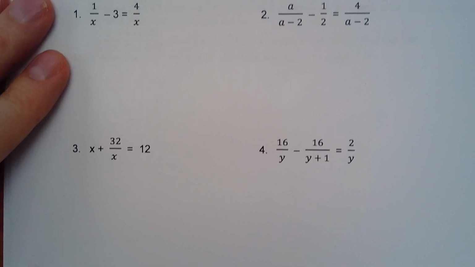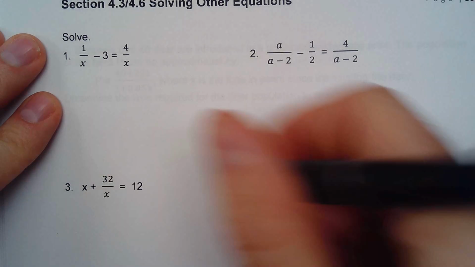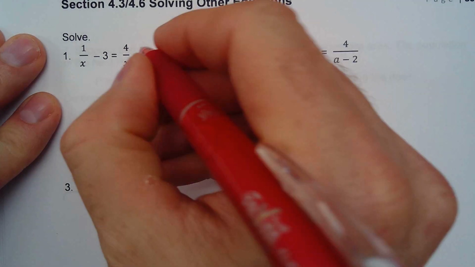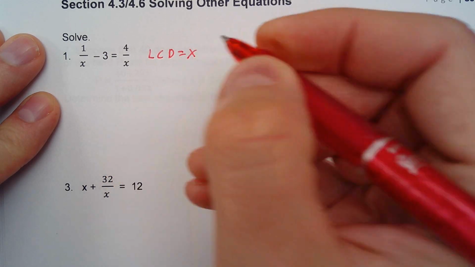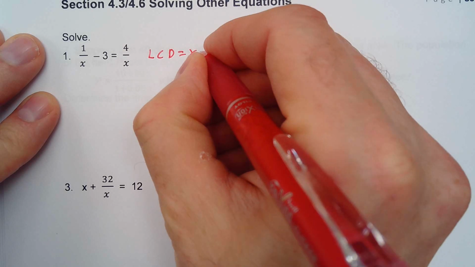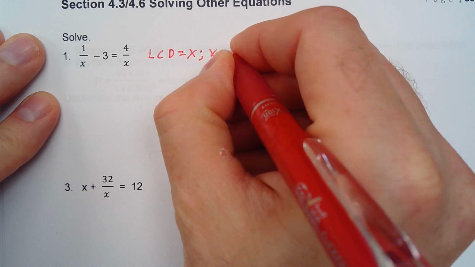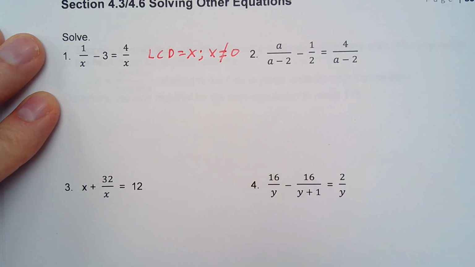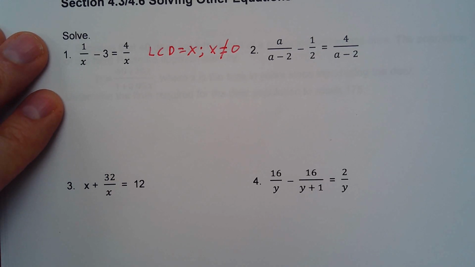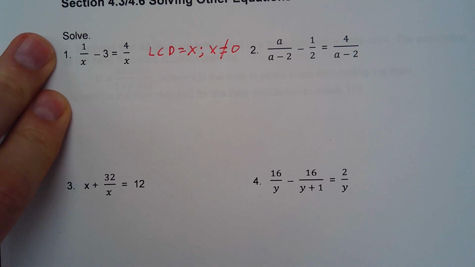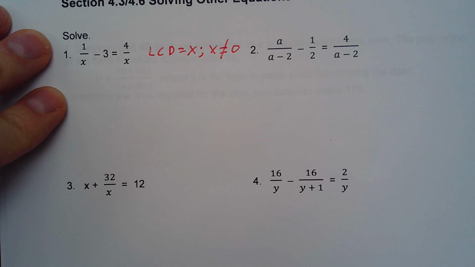So if we look at problem number 1, our LCD here is x. So I don't have to worry about factoring. And my restriction here is that x cannot be equal to 0. So what I want to do here is I want to go through and I want to multiply every term on both sides by x.